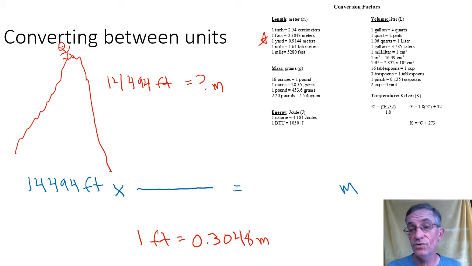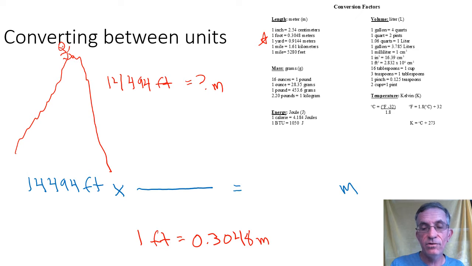So what we're going to do next is use that conversion factor. But how do we use it? The units tell us. If you have feet right here and you want feet to cancel, the way you make feet cancel is you put it in the bottom of the next step, the opposite blank.